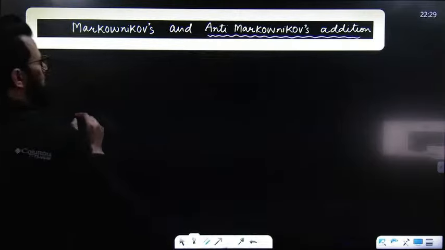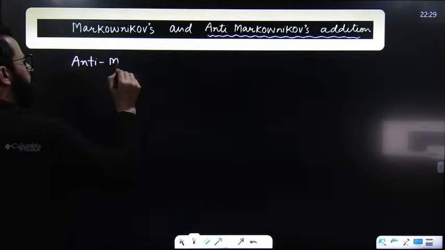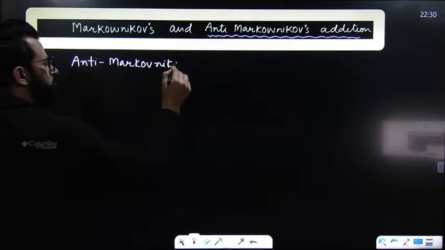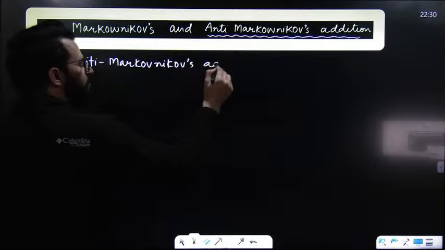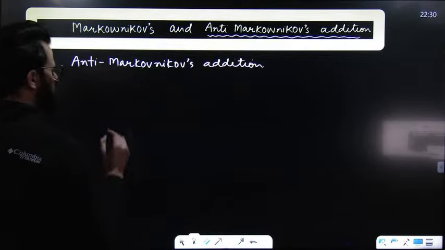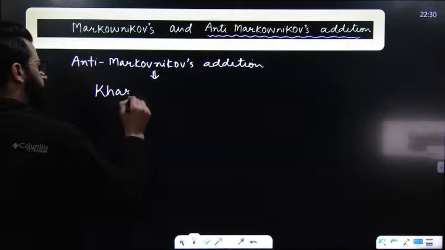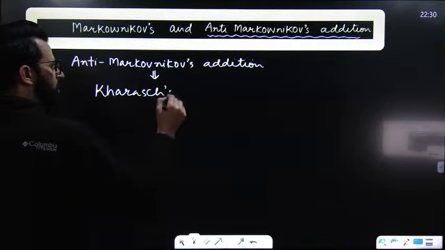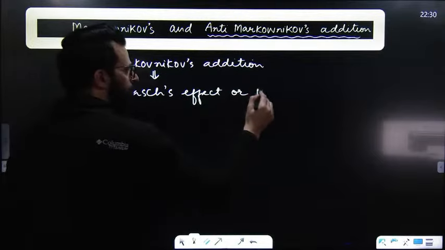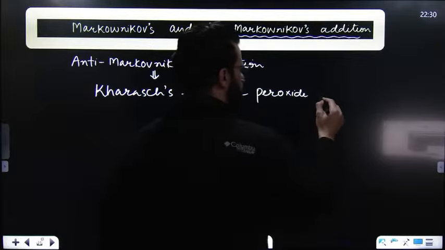Now, we will understand this anti-Markovnikov's addition with the help of what we call Kharash's effect, also known as peroxide effect.